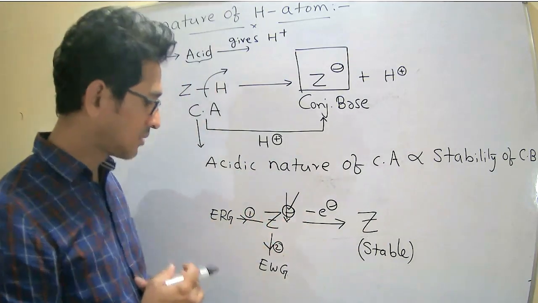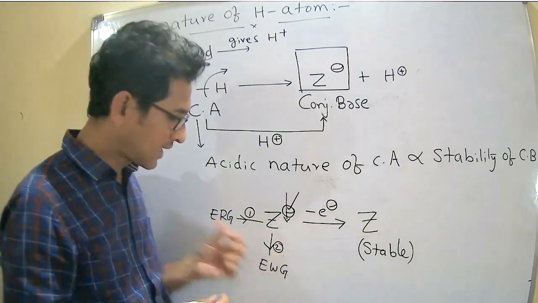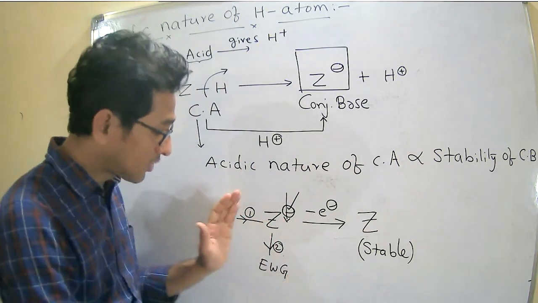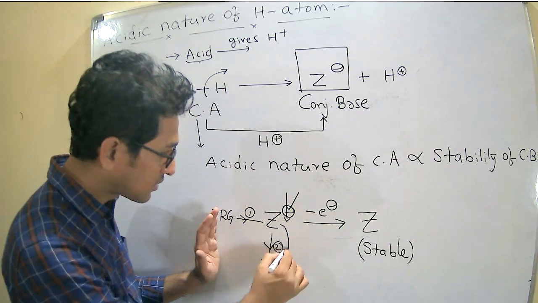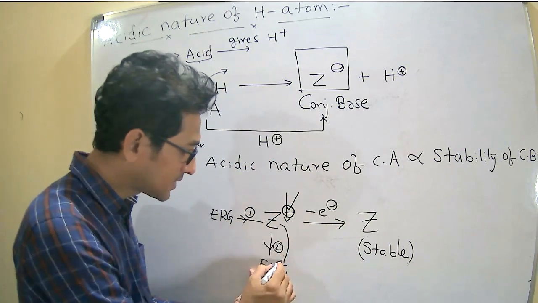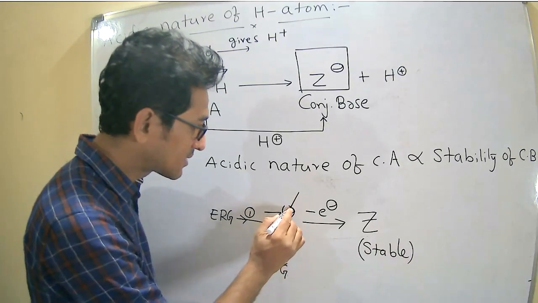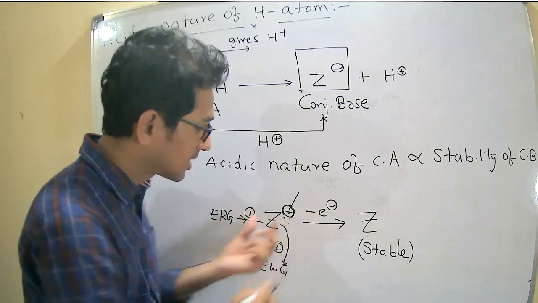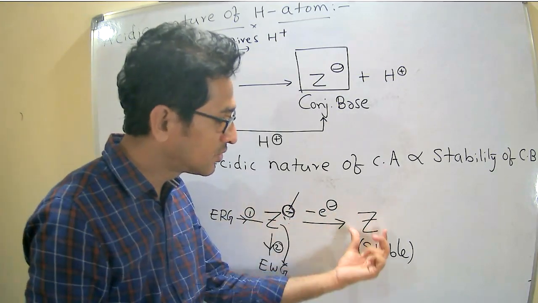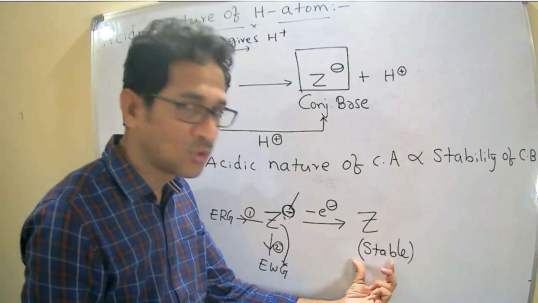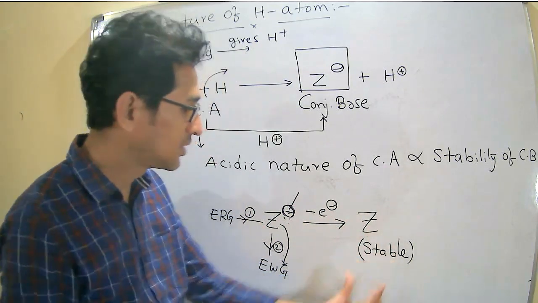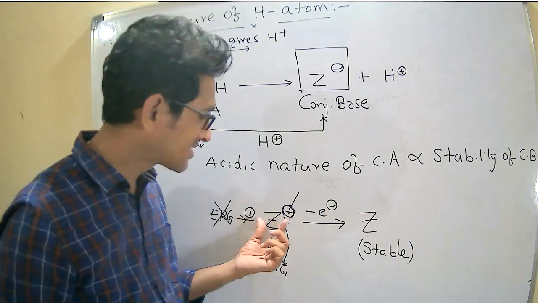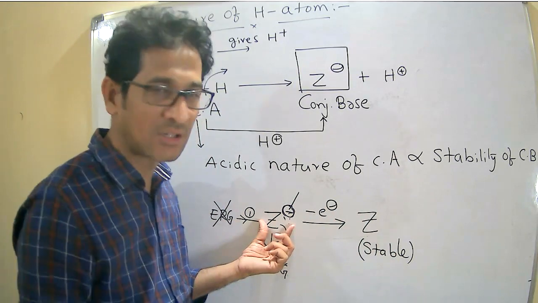In the other case, see here, what happens? The electron withdrawing group is here. Now electrons are transferring, meaning it is taking electrons from Z. Slowly there is a decrease in the charge density, and it slowly converts into a neutral species. Then it is said to be a stable state. So electron releasing groups do not help the stability of the conjugate base or anion.